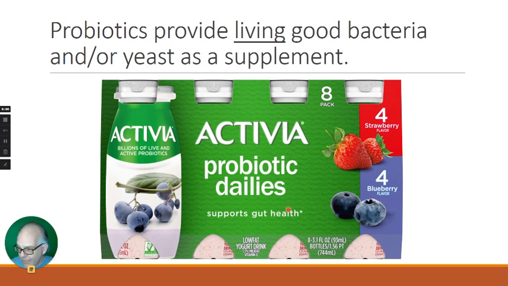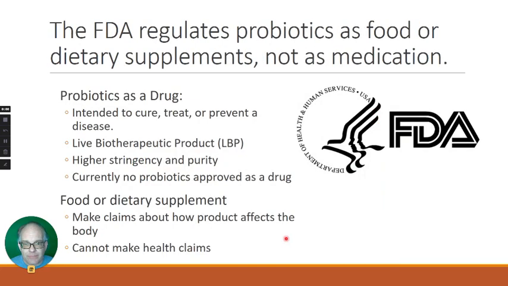And it's got a little asterisk here. We'll talk about what that little asterisk means on the next slide. But basically, this idea that you can supplement and maybe reestablish the good bacteria and yeast within your body by reseeding it, by taking these probiotics, as it says, to support good gut health.